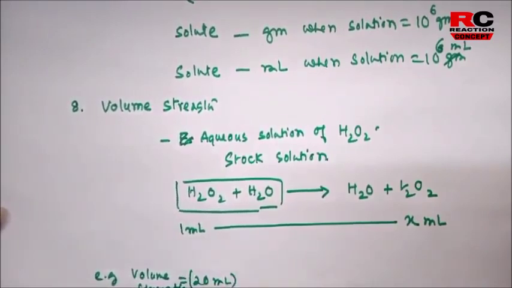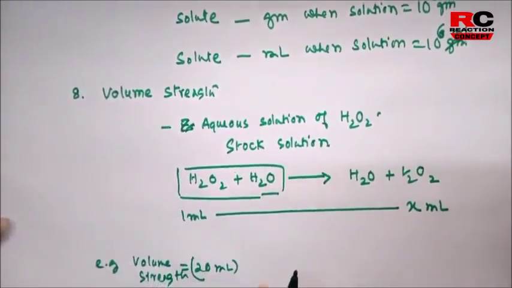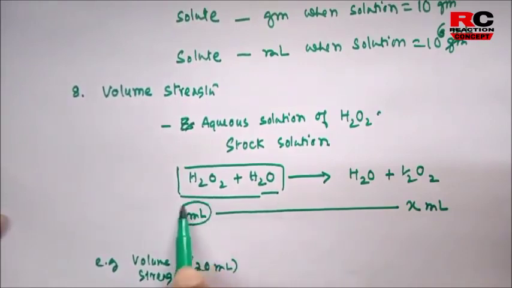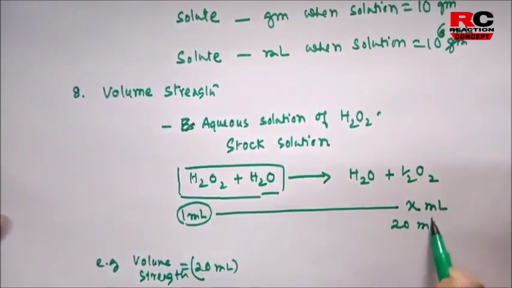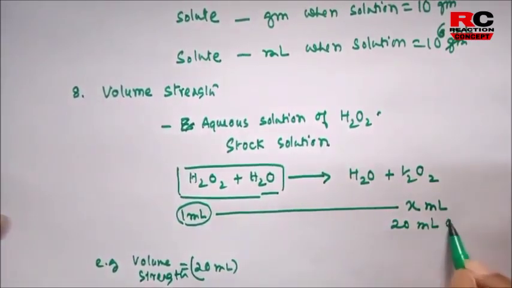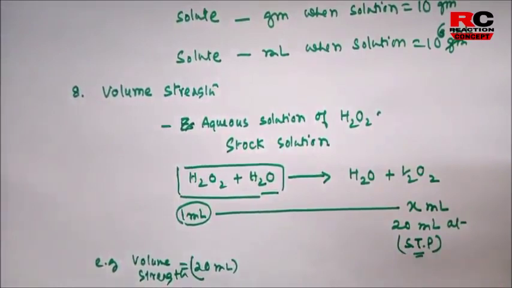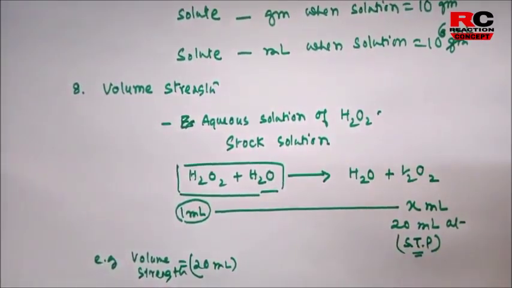Okay, what does it mean? It means that a solution of hydrogen peroxide is given, which on decomposition of 1 ml of such solution will give you 20 ml of oxygen at STP condition, provided standard temperature and pressure conditions are considered.